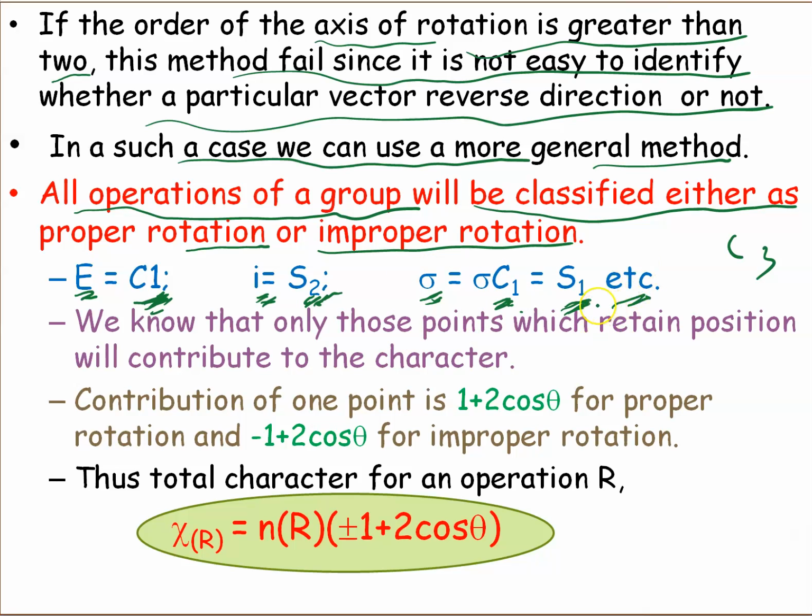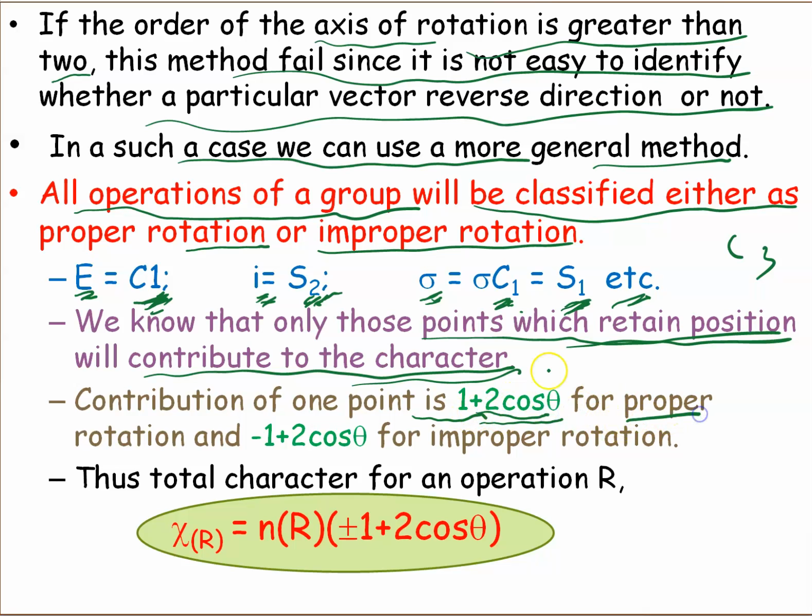Improper rotation. We know that only those points which retain position will contribute to the character. That we have already studied. And the contribution of one point, as we have studied in the case of proper rotation, is that the character of the matrix is 1 plus 2 cos theta.